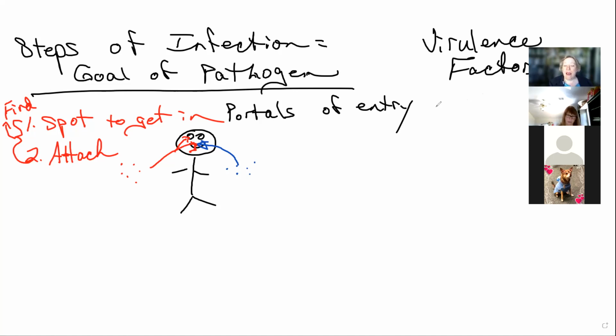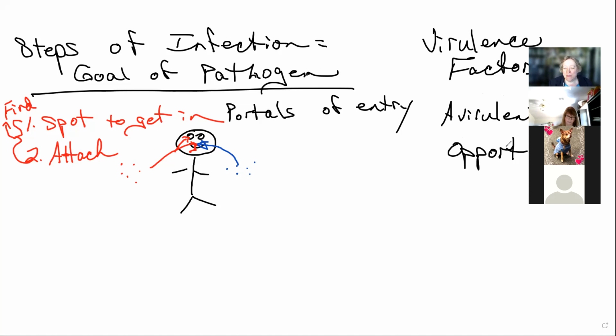So if I have a microbe that is avirulent, it doesn't have any virulence factors and it doesn't cause disease. Now that's an oversimplification. But if you have an opportunistic pathogen, it has some virulence factors, but not too many of them.